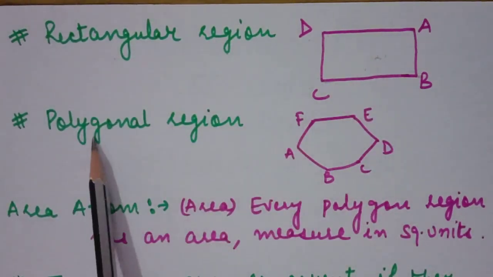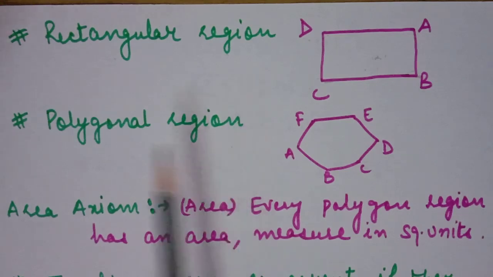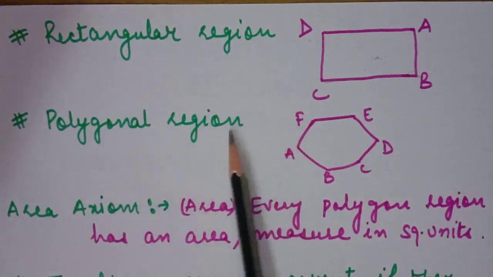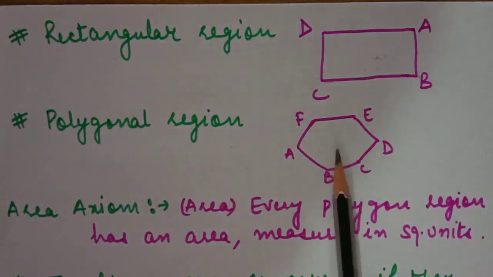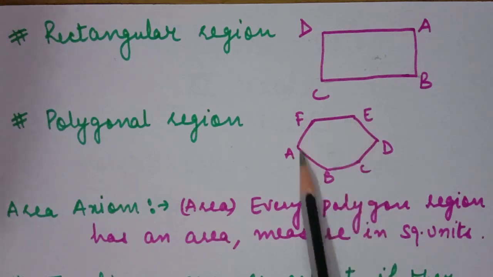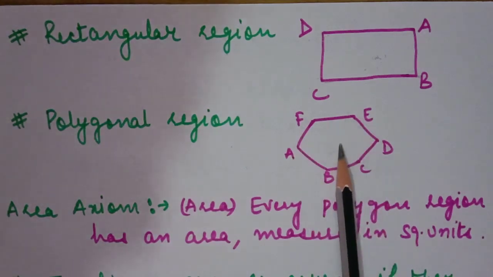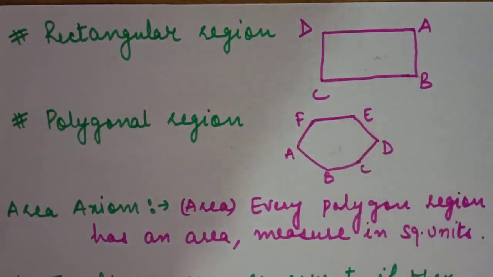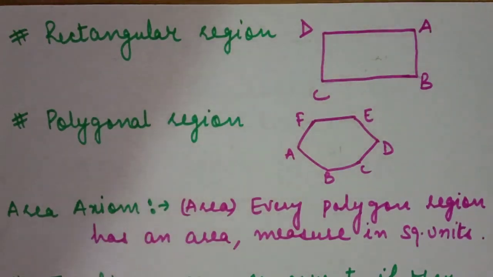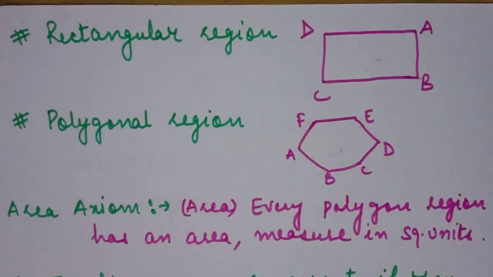Similarly, next one is polygonal region. The part of the plane enclosed by a polygon is called the interior of the polygon, and the union of this polygon and its interior is called a polygonal region. So students, these are the three types of regions: first is triangular region, second is rectangular region, and third is polygonal region.